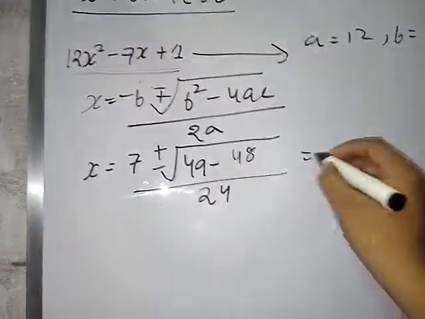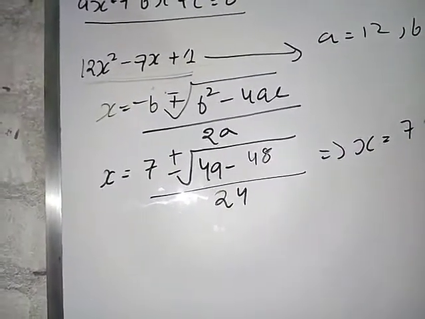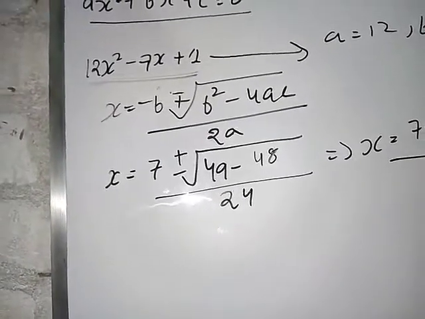So now x equal to 7 plus minus 1 upon 24.